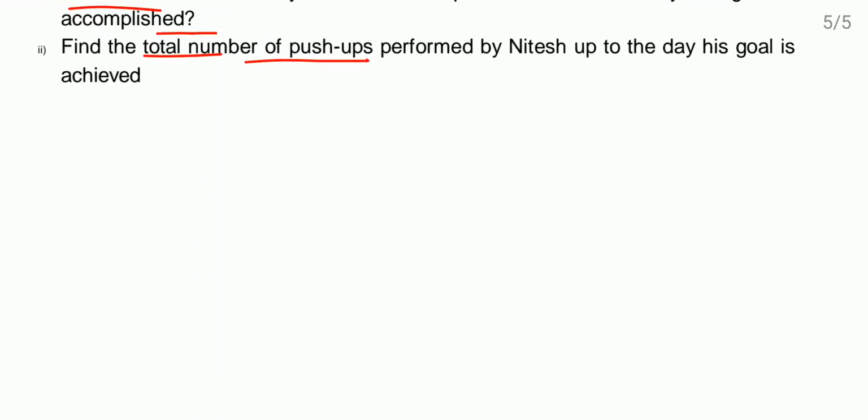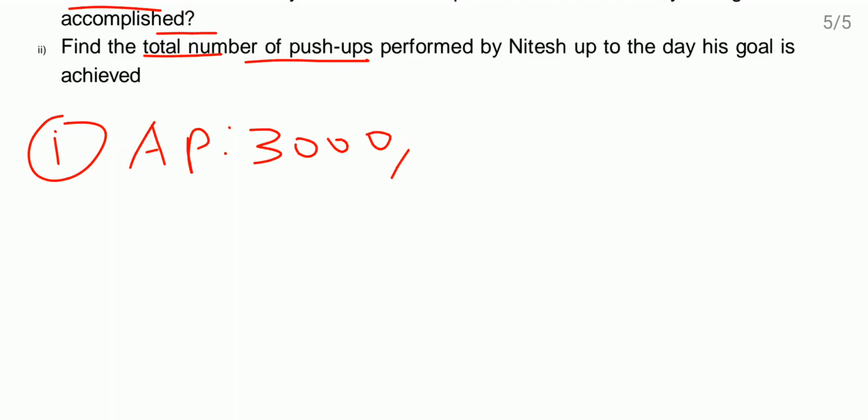Here, for the first question, I will write down the AP. First term was what? 3000. Now every day he was increasing the push-ups by 5. So the second term will become what? 3005, then 3010, and so on.